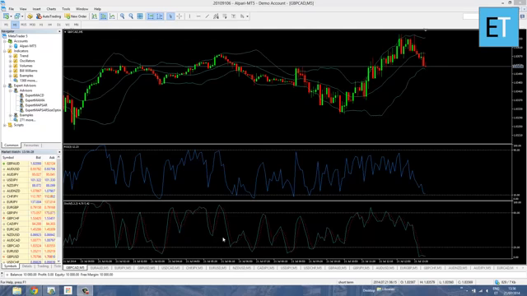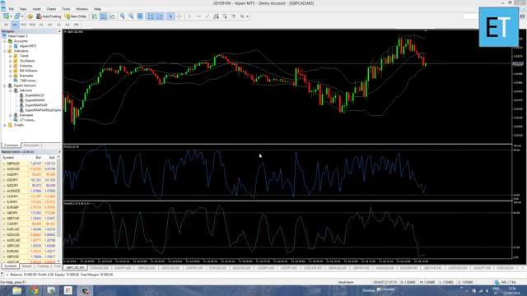So a little bit about the indicators I have here. I've already done a video about how to set up MetaTrader with these indicators. So briefly, I have Bollinger Bands, RSI and Stochastic. Now the RSI is set to levels of 90 and 10 instead of the standard 70 and 30.